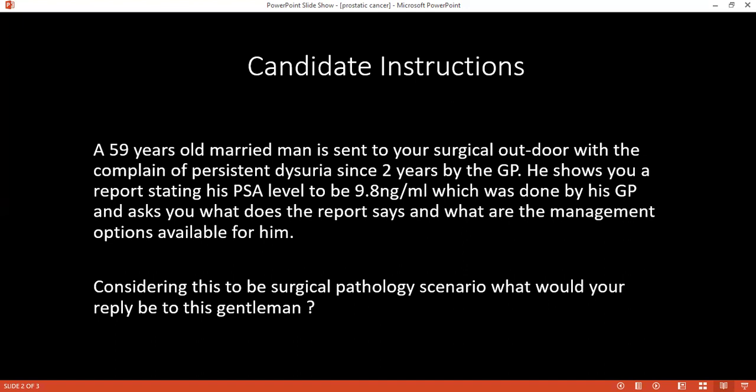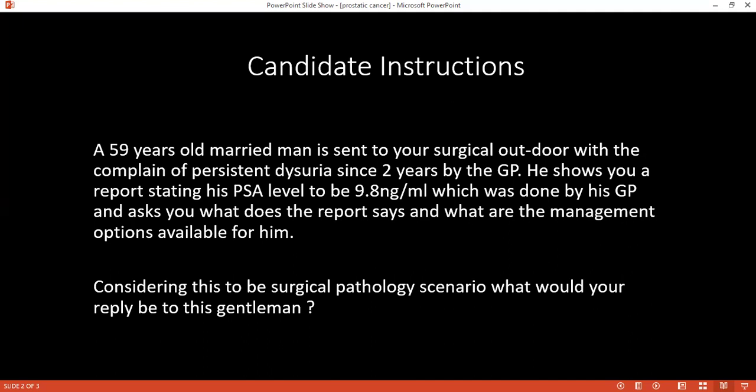Can you please tell me what management can you offer to this patient? Okay, after MDT meeting and the staging and grading, then we can go for prostatectomy, and if the tumor has metastasis, then we can go for chemotherapy and radiotherapy.